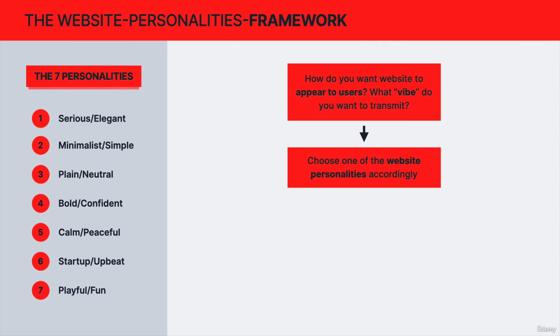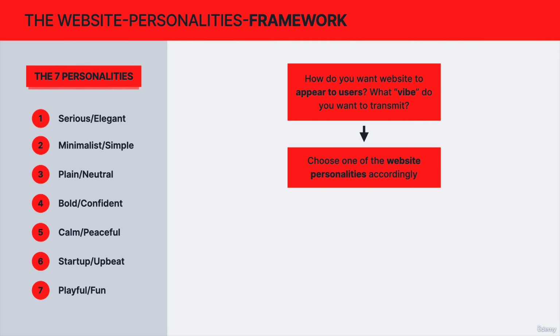But now you might ask, why is this personality actually so important? Why does it matter? Well, the answer is that it will make web design like 10 times easier for you. Because once you have a personality selected, your design options for each of the design ingredients become really limited. Just like personalities in people have different traits, each of these website personalities also has different traits.